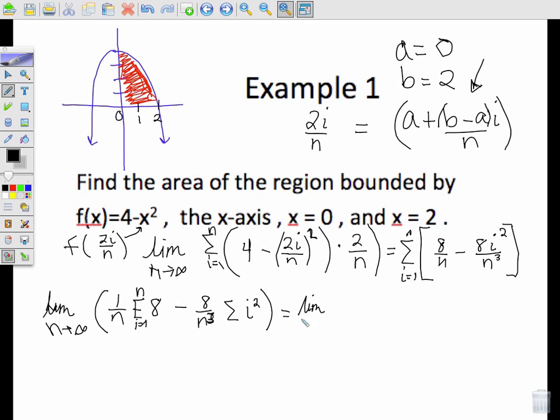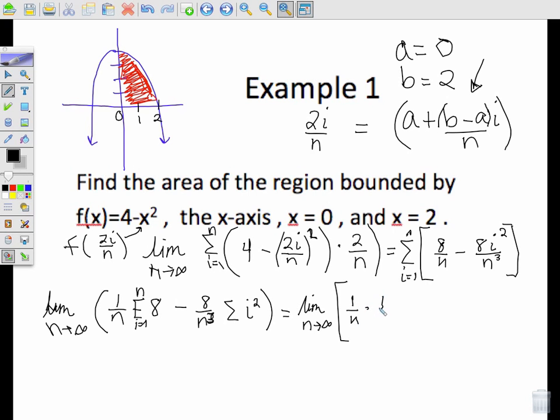All right, so this equals the limit as n approaches infinity, and I've got my summation here. I'm going to go ahead and take the summation symbols out of there.